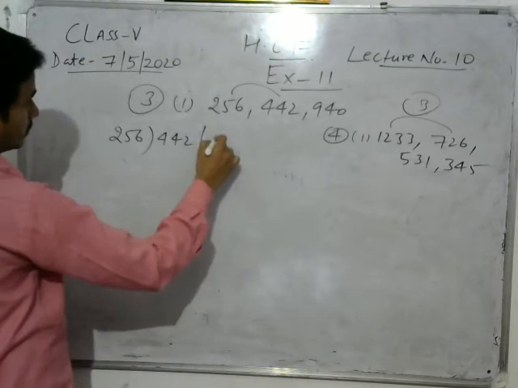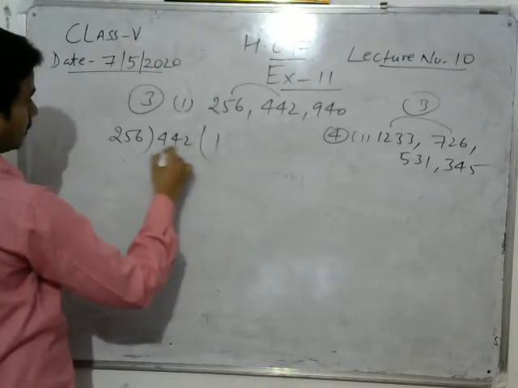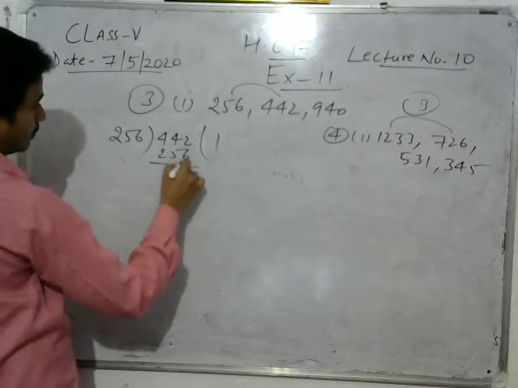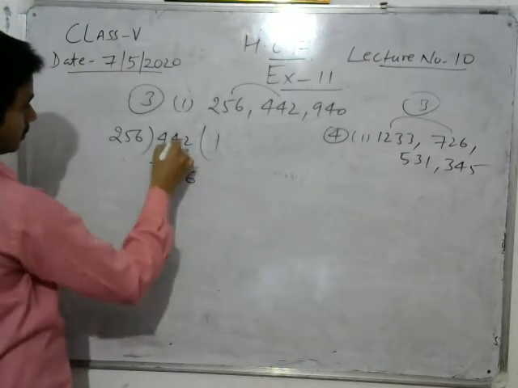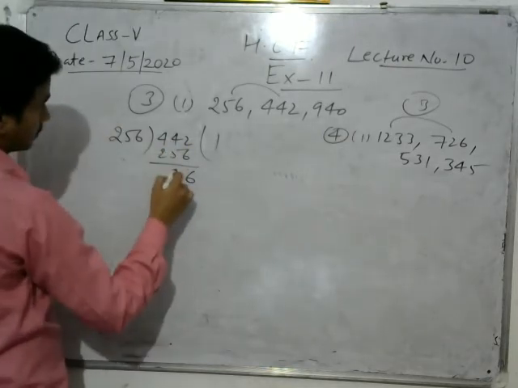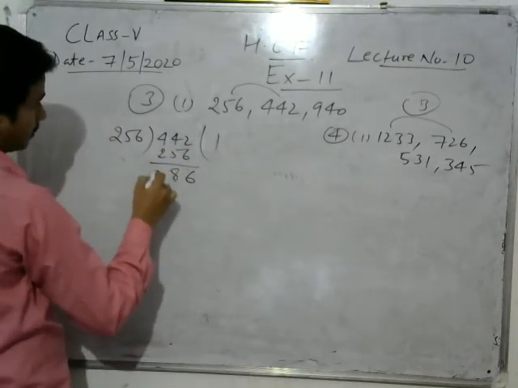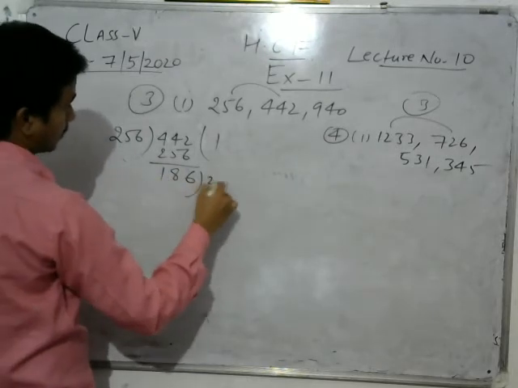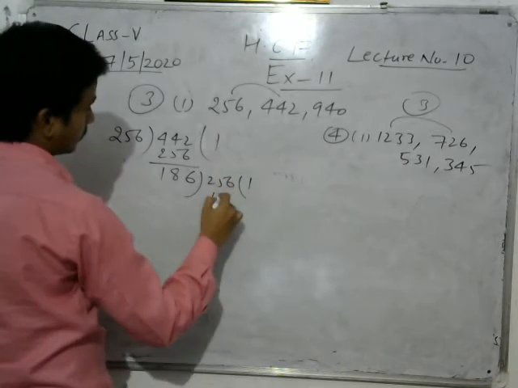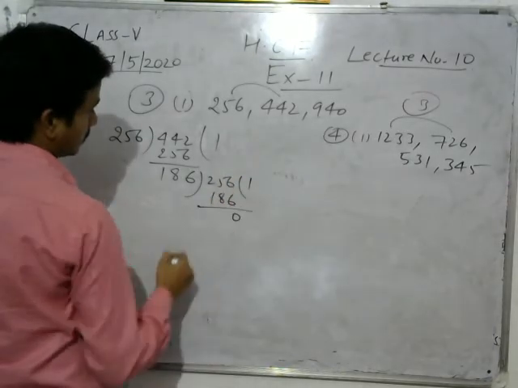How many times? 1 times 256, 12 minus 6 is 6. Here 3, 13 minus 5 is 8, and 3 minus 2 is 1. 256, 1 times 186.